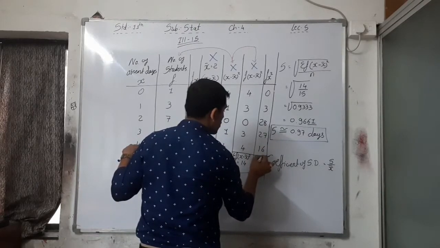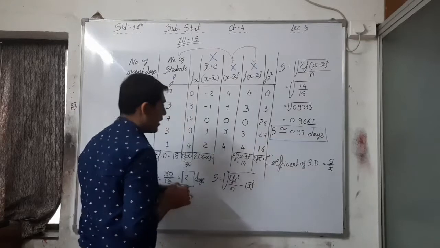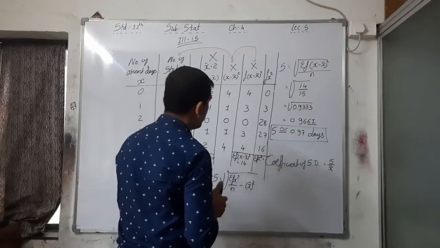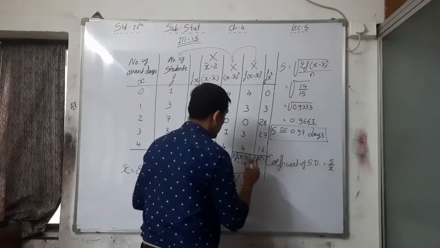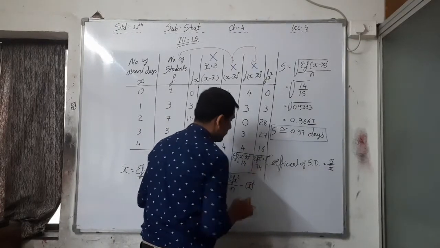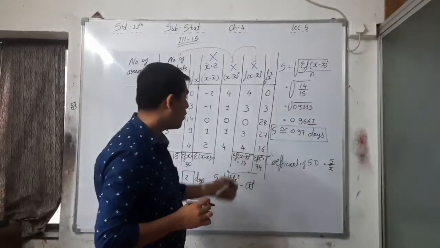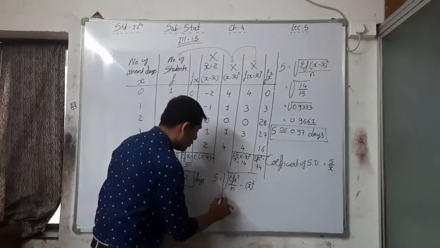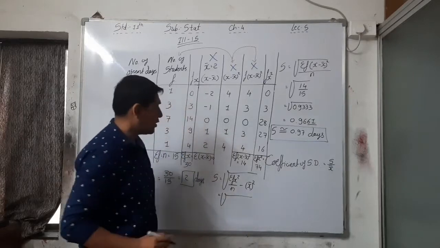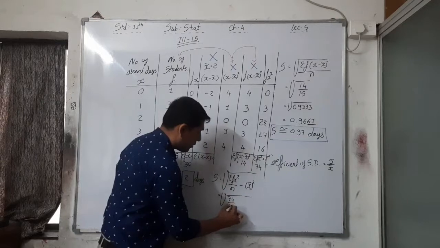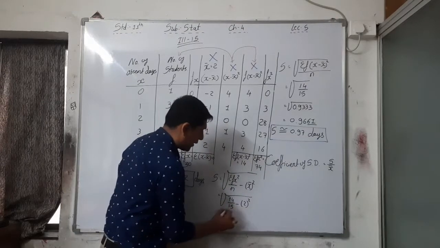Sigma fx square is equal to what is the answer? 55 plus 74... sigma fx square is equal to 74. If we put that into this formula, it is 74 divided by 15 minus 2 square.